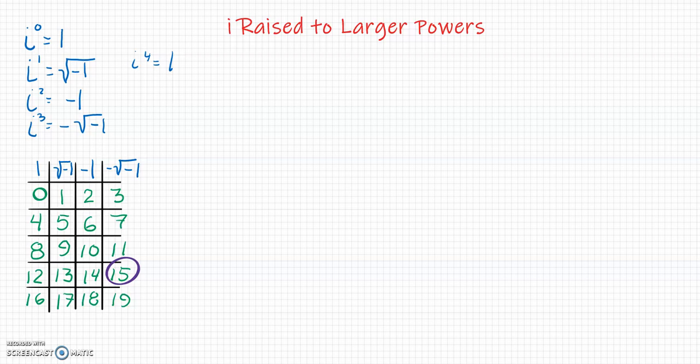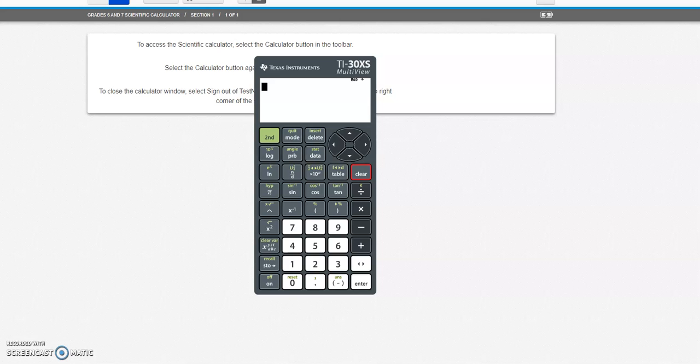So let's look at taking 15 and simply dividing it by 4 and see if the answer helps us to determine what our answer should be. I'm going to use the calculator to help us. So if I did 15 divided by 4, the calculator says 3.75.